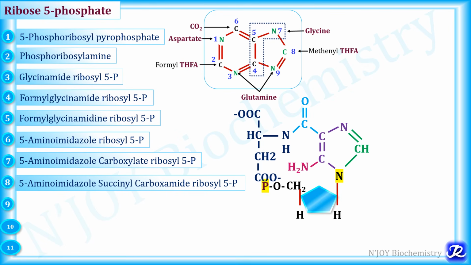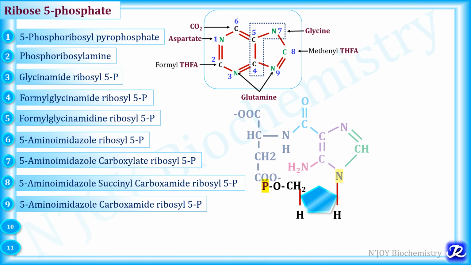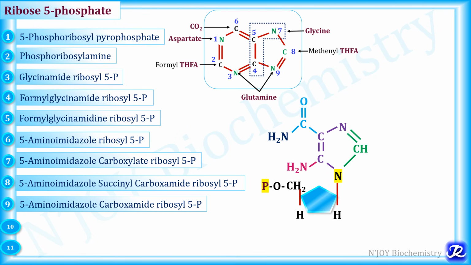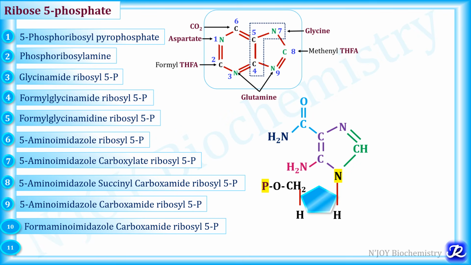In the ninth step, fumarate is removed to form aminoimidazole carboxamide ribosyl 5-phosphate. In the 10th step, there is formation of formyl aminoimidazole carboxamide ribosyl 5-phosphate. Here the donor is formyl tetrahydrofolic acid, which contributes carbon number 2.